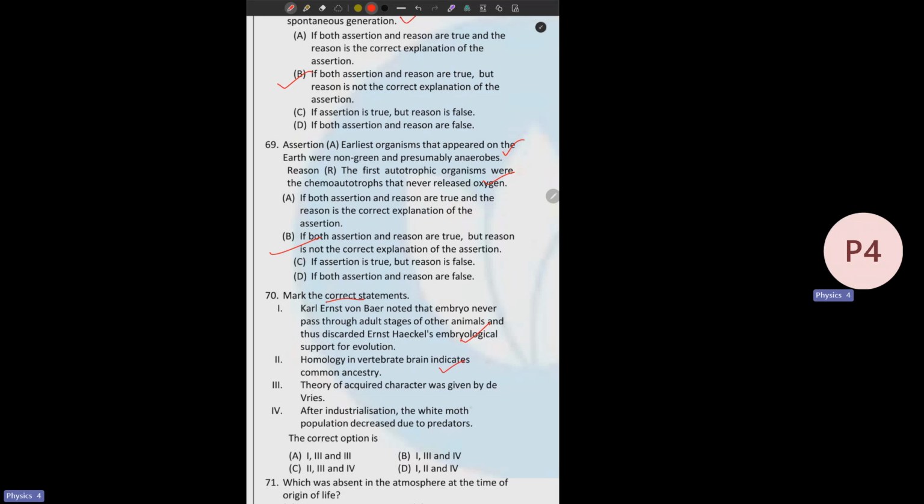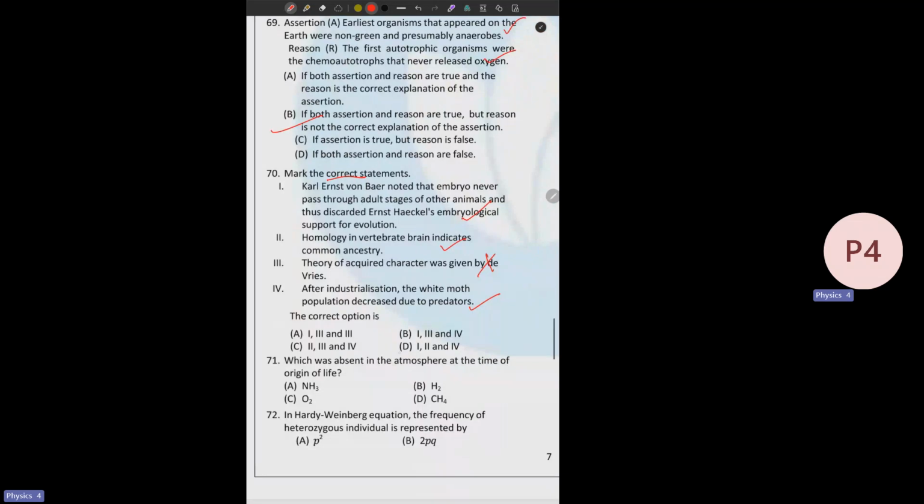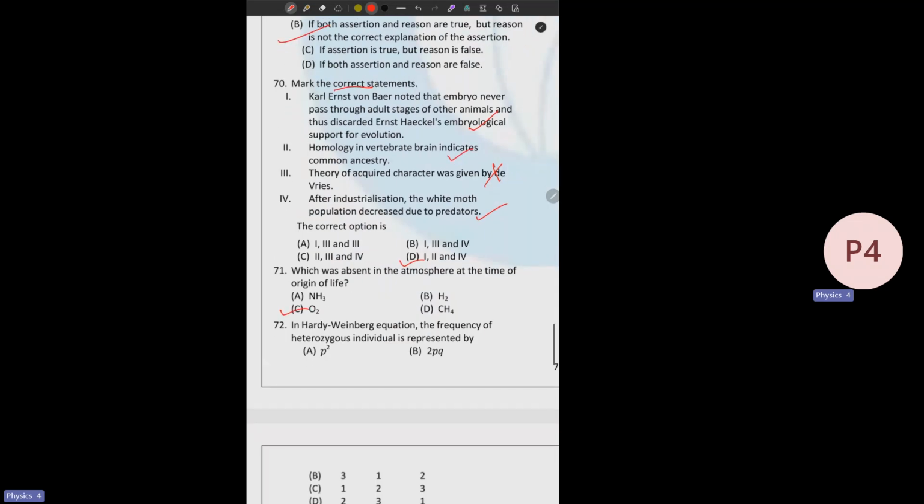Theory of acquired character was given by Darwin? No. After industrialization, the white moth population decreased due to predators. Yes, it is correct. So, first, second, and fourth are the correct. Which was absent in the atmosphere at the time of origin of life? It was oxygen. In Hardy-Weinberg equation, the frequency of heterozygous individual is represented by 2pq.